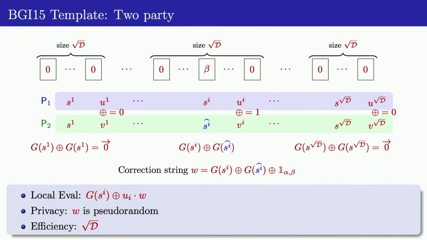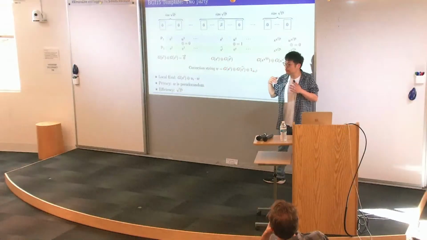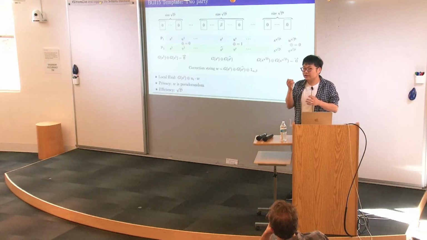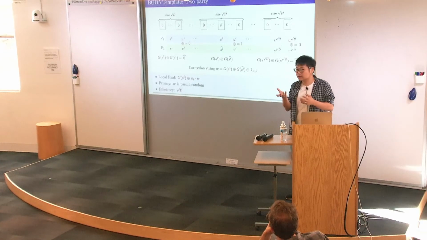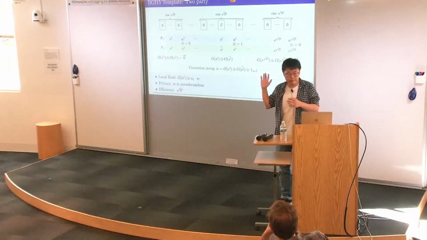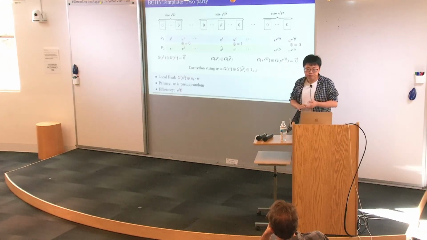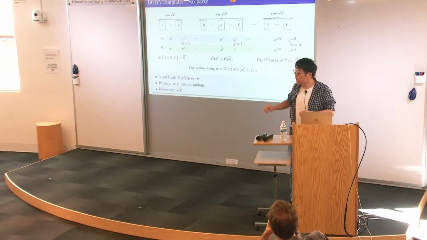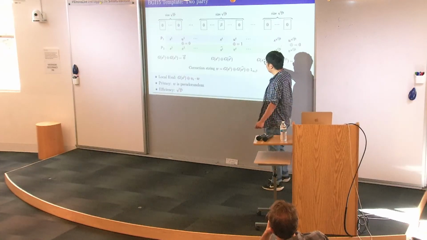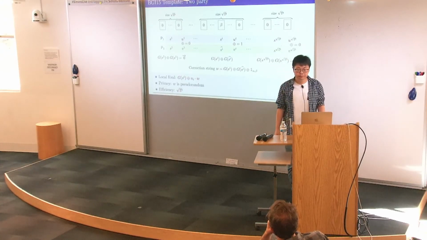Like if you give one party the positive sign and the other party the negative sign, then you will cancel. I think for our scheme in a two-party case, and in our scheme in a multi-party case, you can get it. I think there is some issue with BGI-15, so I will maybe mention that when I get to it. But yeah, for our scheme, it's not important. It's characteristic two.